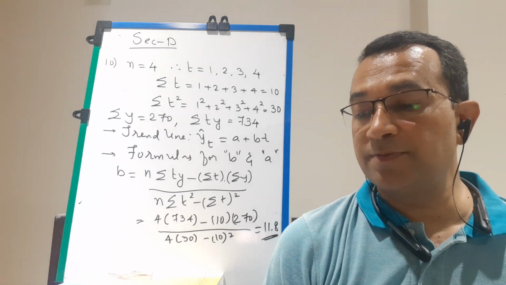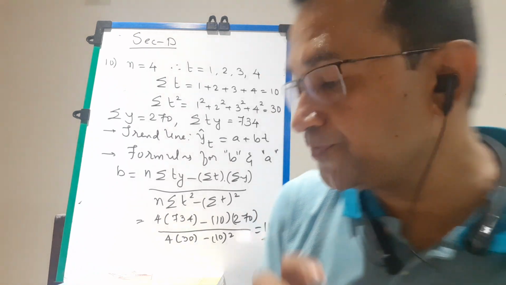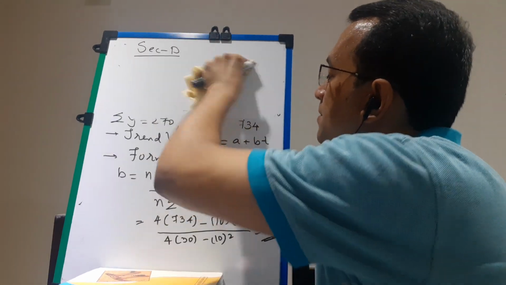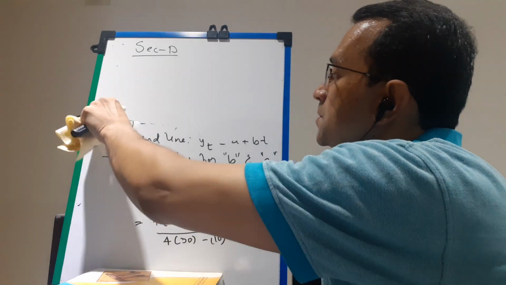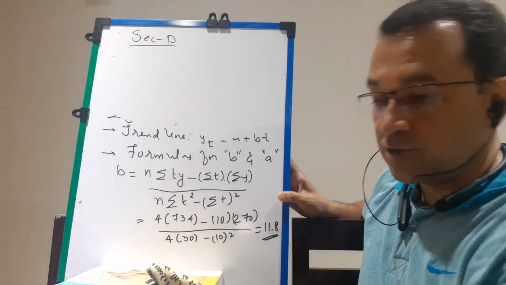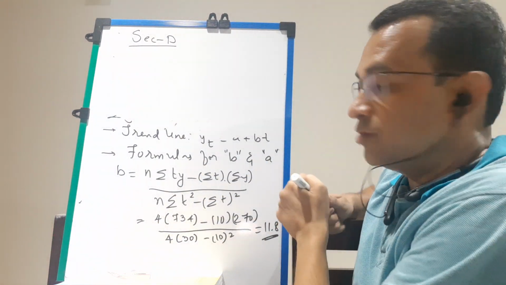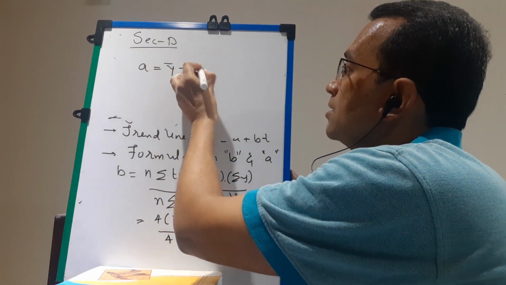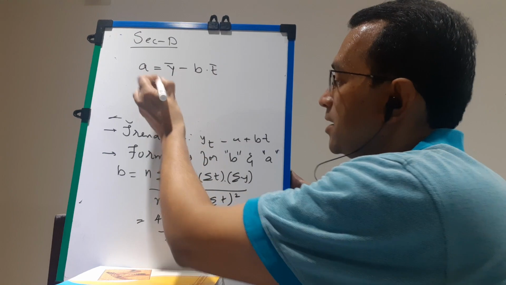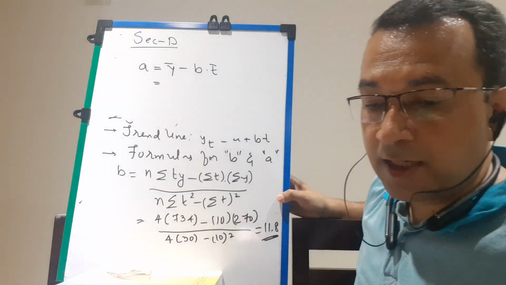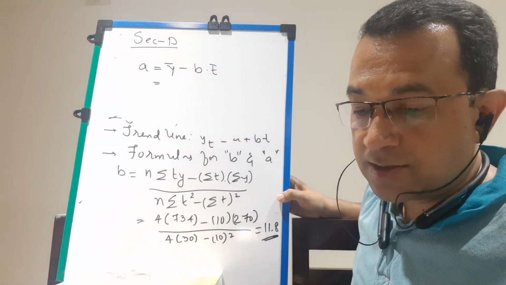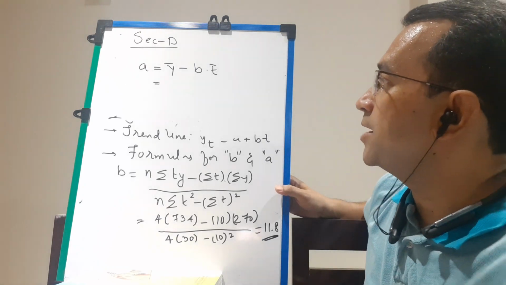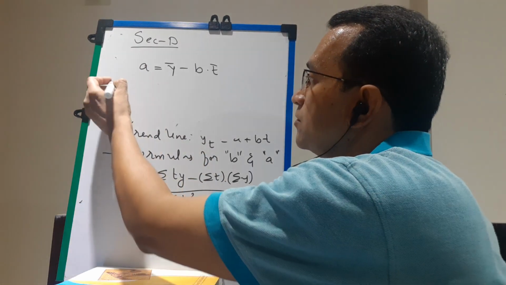Now I am erasing the previous data and will find a. Now students, a is equal to y bar minus bt bar. So what is y bar equal to, students? I think we haven't found out y bar and t bar. First let us find out.